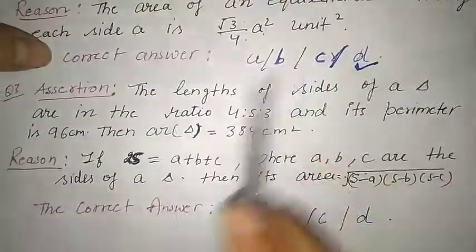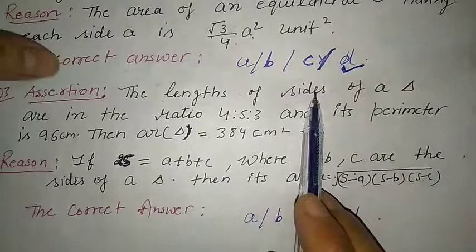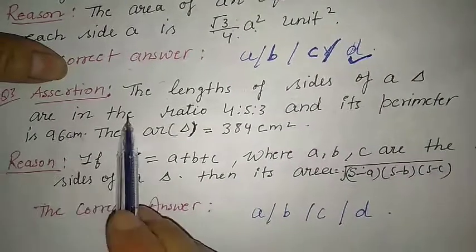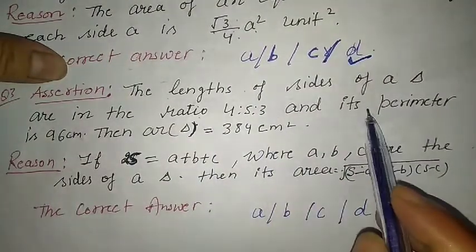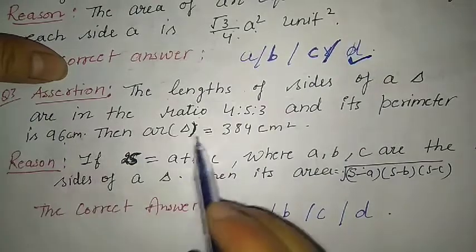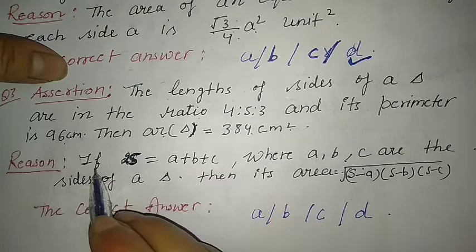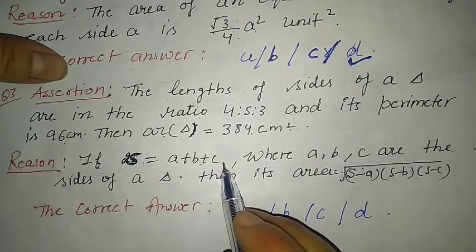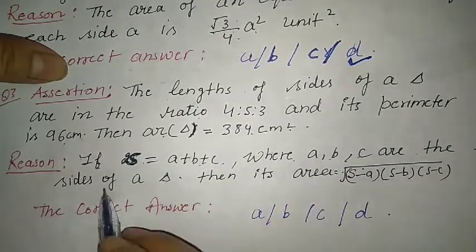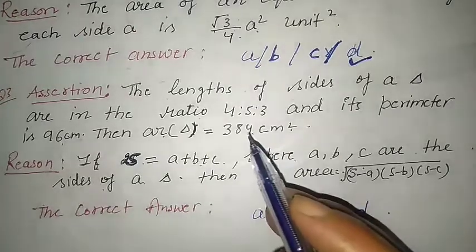Okay, now the next part. The lengths of sides of a triangle are in the ratio 4:5:3 and its perimeter is 96. The area is 384. And the second part is given: if 2s is equal to a plus b plus c, where a, b, c are the sides of a triangle. So first we have to check the first part.